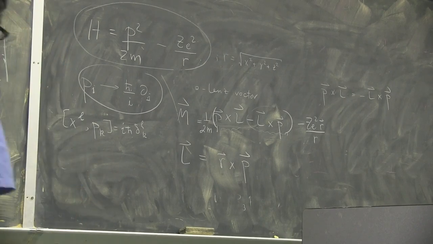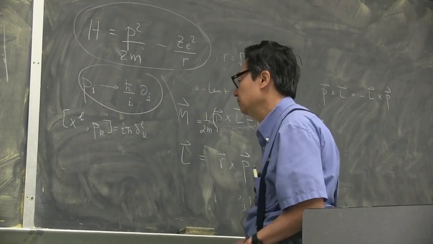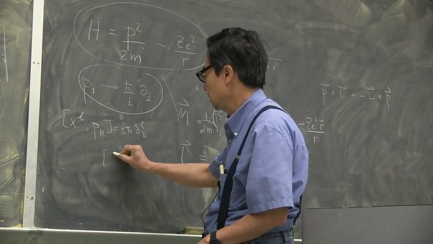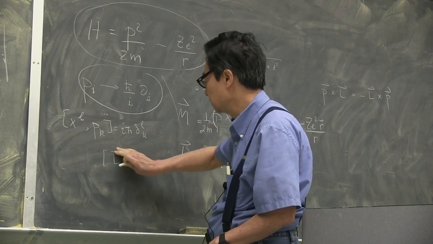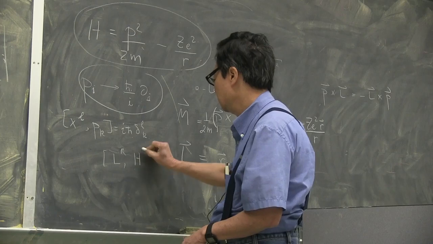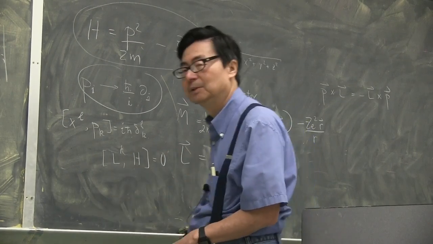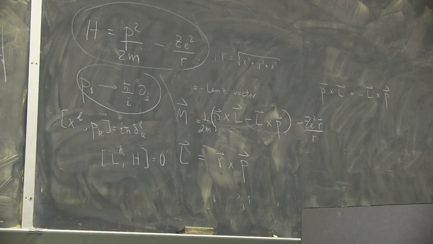This is a basic thing to begin with, okay? Then I can show that it's not too hard, not completely trivial, but not too hard to show that all the components of L, let me write it like this, L_k, with H a scalar, the commutator [L_k, H] is equal to 0.